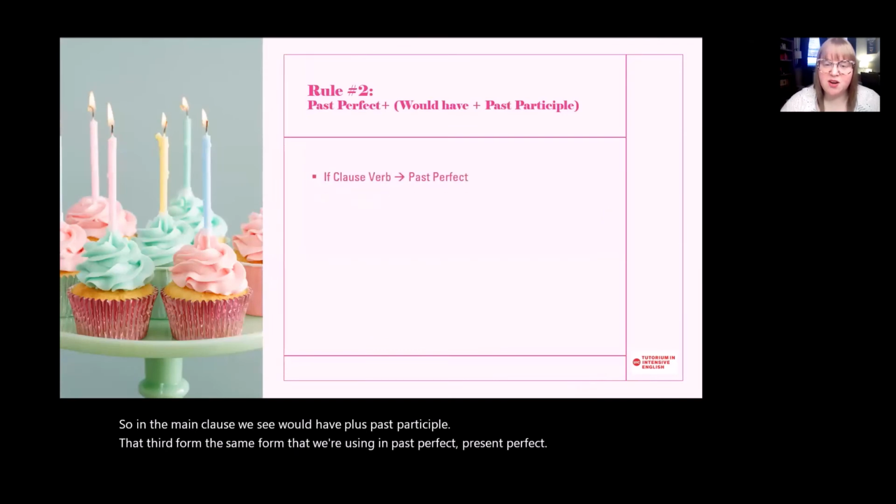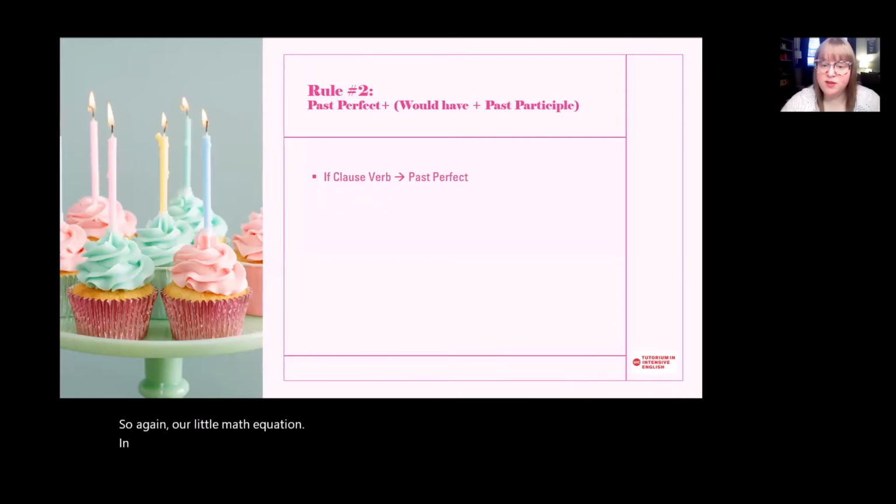So again, our little math equation. In the if clause, it is past perfect plus the main clause would have plus past participle.